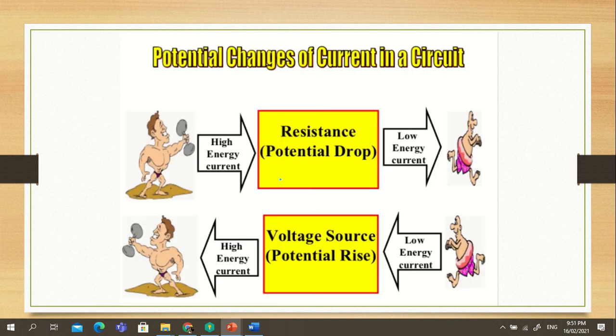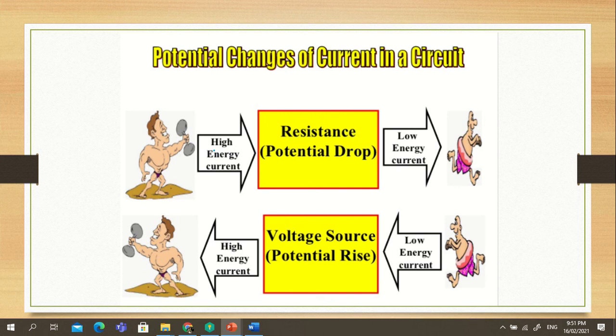Then the potential changes of current in a circuit are something like this, class. We have high energy, then resistance. Because of this resistance, there will be a potential drop, so the energy that was originally high will become low energy.